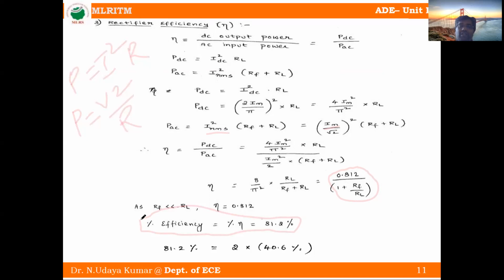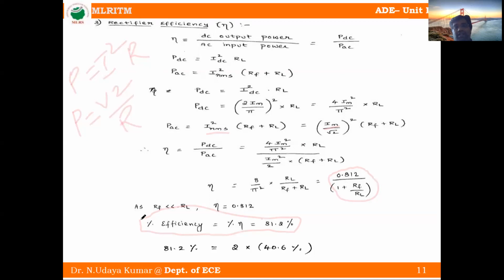That means we are converting alternating current into direct current at 81.2% only, and the remaining percent is wasted. Even though we are converting both the positive half and negative half, some losses are there.